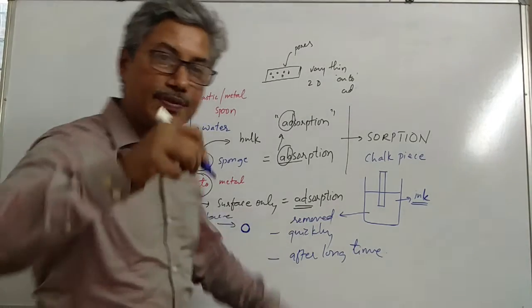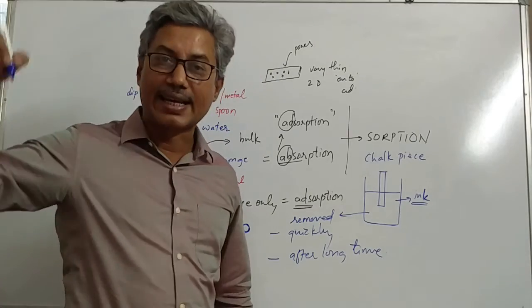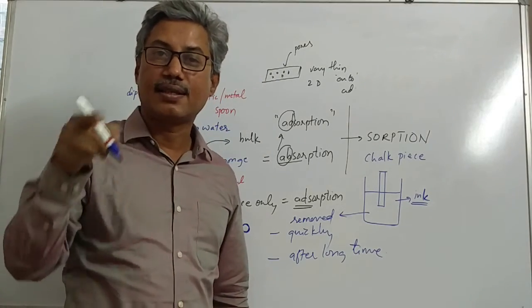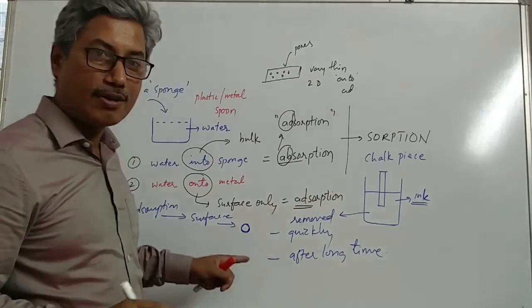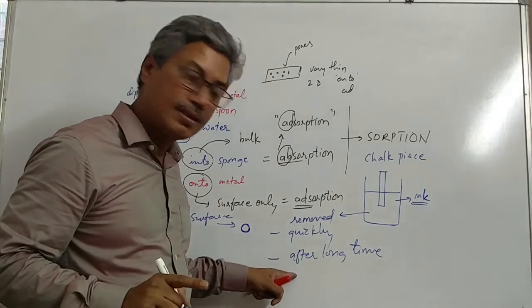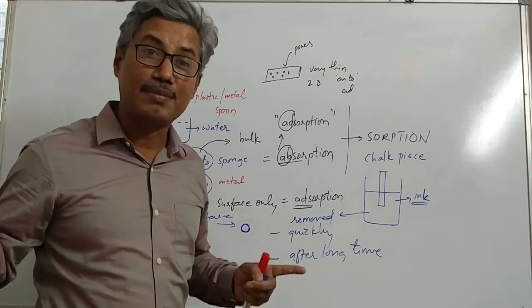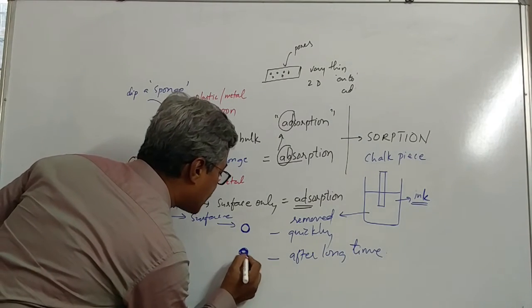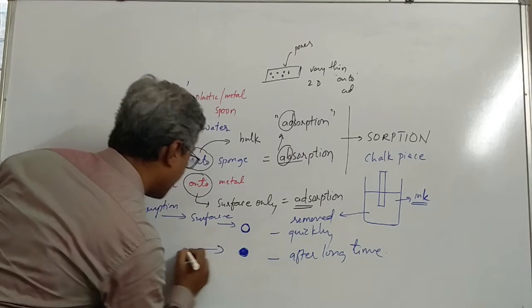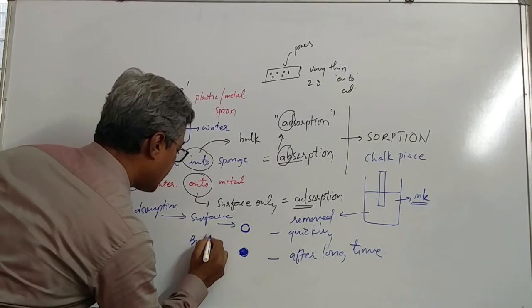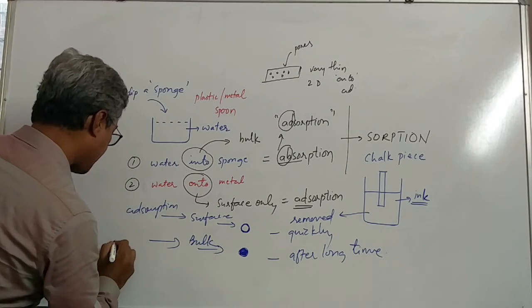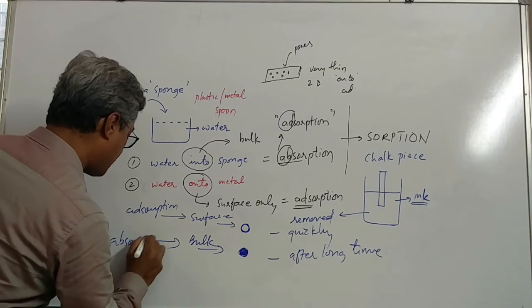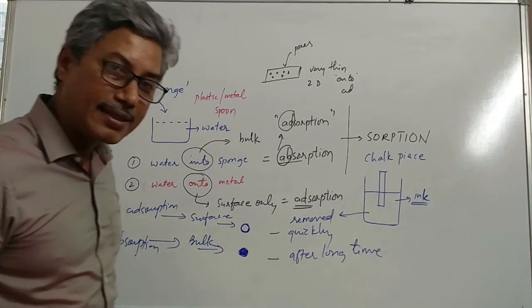That means if the chalk piece is removed quickly, ink is undergoing adsorption. Now, if you remove this chalk piece after a long time, then the entire chalk piece will be colored into the bulk. That means it is the process of absorption.